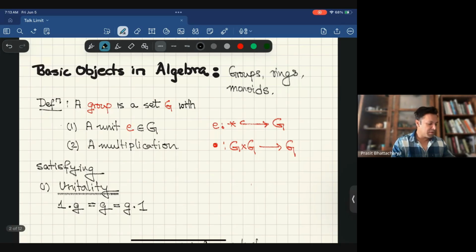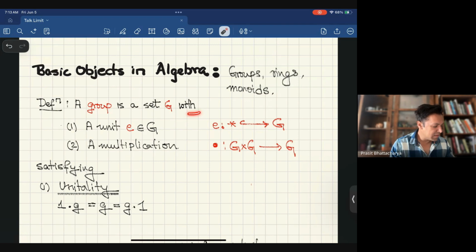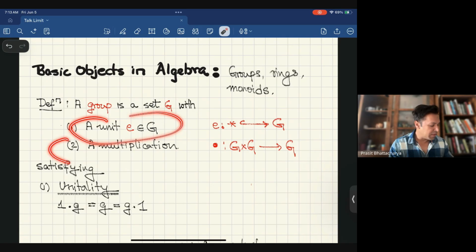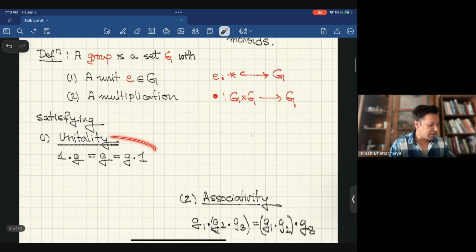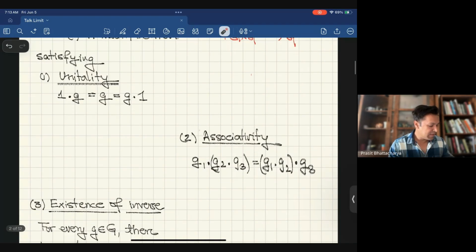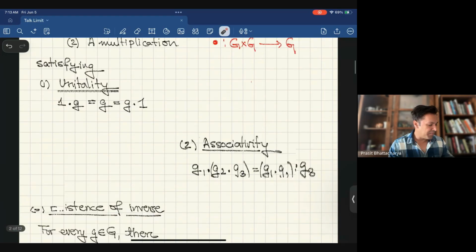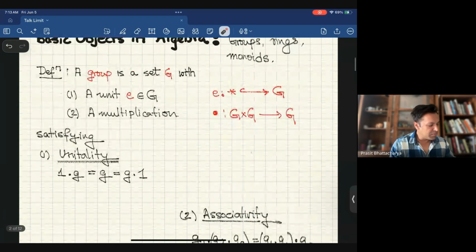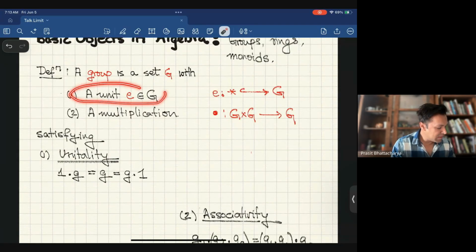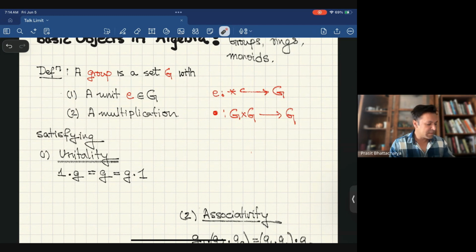What you might have already seen is that a group is a set G with a unit and a multiplication which satisfies some conditions like unitality, associativity, and existence of inverse. So one way to understand all of these things is, instead of thinking in terms of sets and elements, we will think of everything in terms of maps.